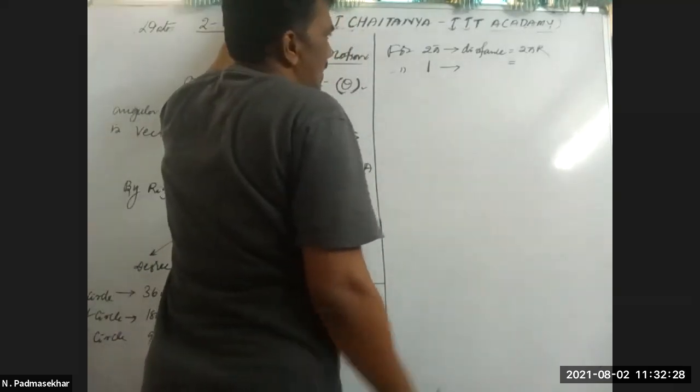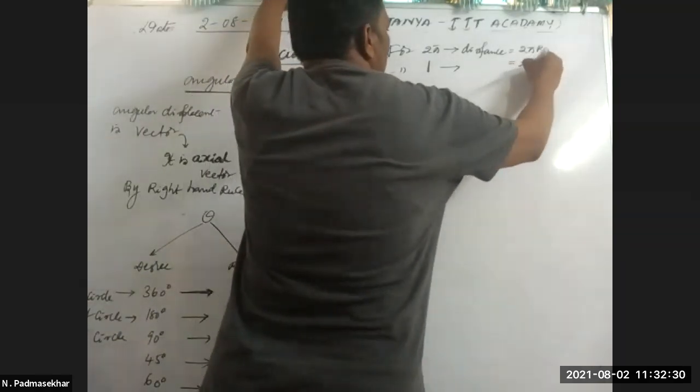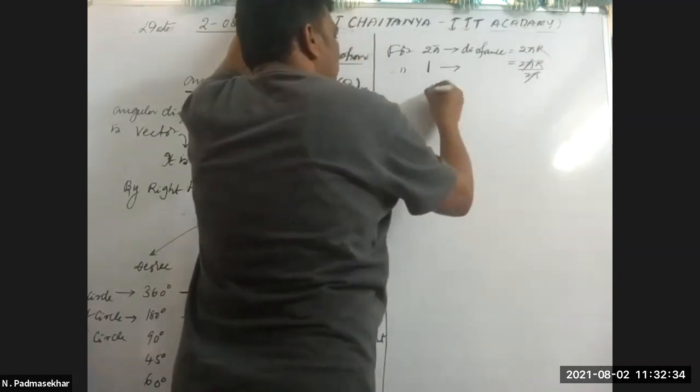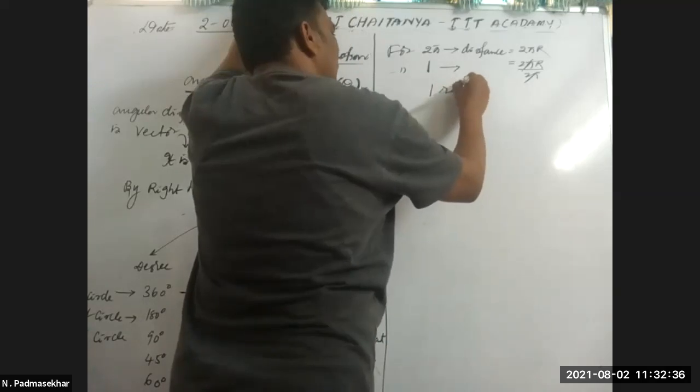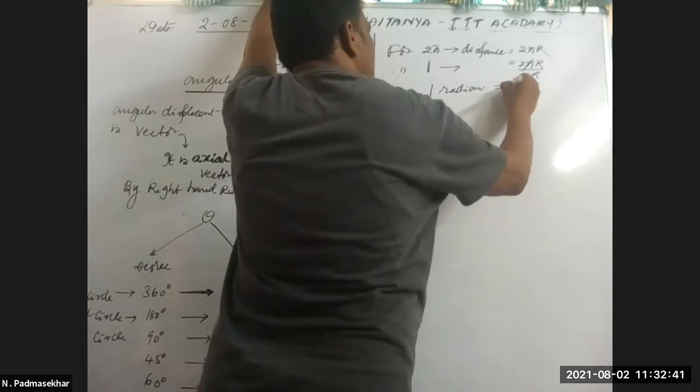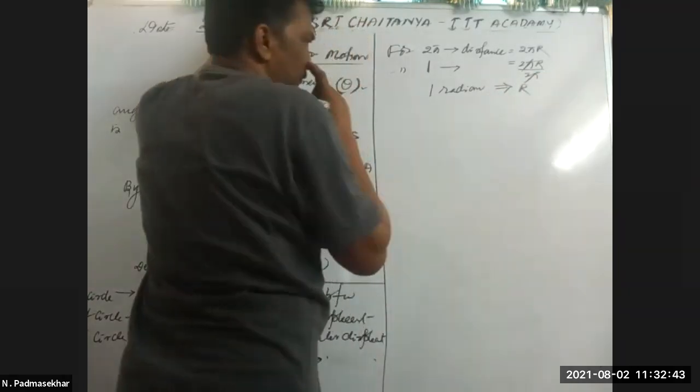What is the distance traveled? 2 pi r by 2 pi. So per unit radian, for one radian, the distance traveled is r.